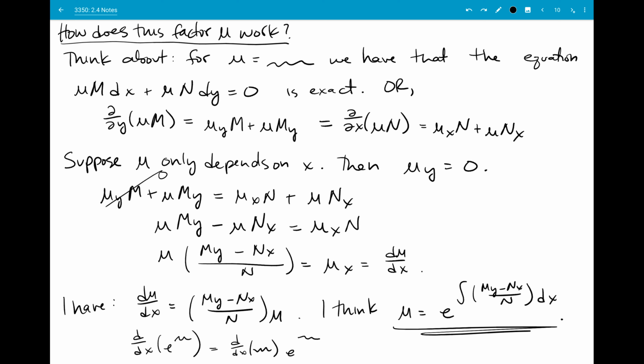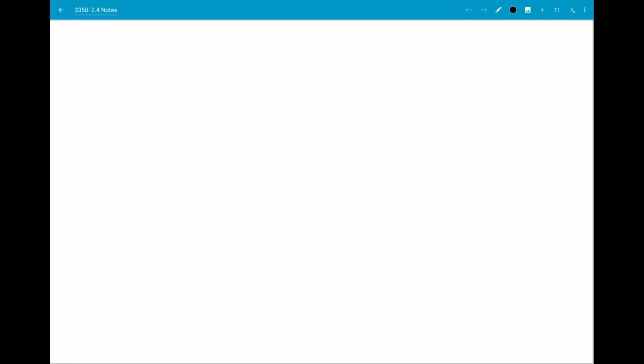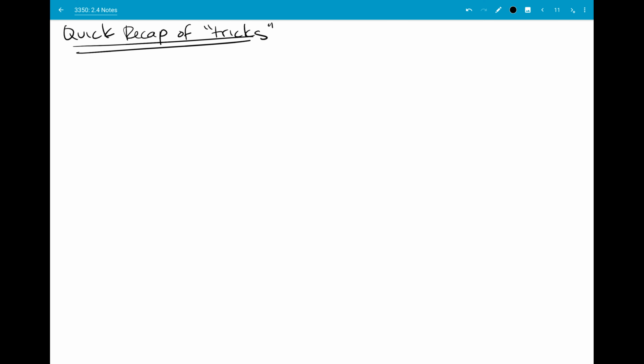With the little bit of time that I still have left to talk about this section, I thought it'd be good to recap the most important things to be careful about when you're doing these exact equations. It's a quick recap of tricks, but they're not really tricks.